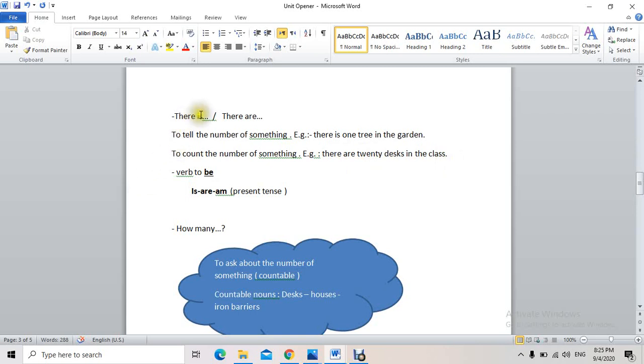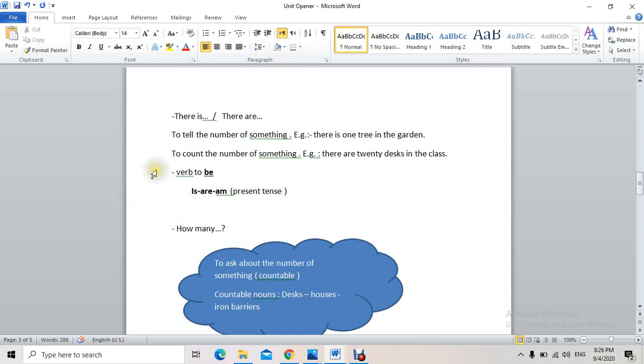If you look here at the words is and are, these words come from verb to be. So verb to be is, are, am, and they are in the present tense, usually to show fact if they were main verbs and not linking verbs.